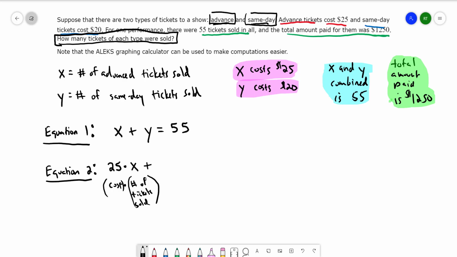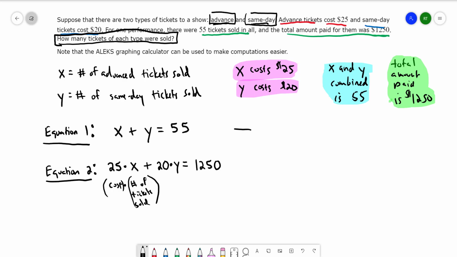Same day tickets cost $20, and I multiply that with how many of those tickets they sold, which is represented by Y, because we don't know the amount yet. And again, they told us the total amount paid is $1,250. So when I combine these two amounts, I get $1,250.